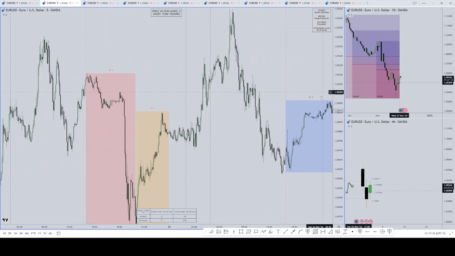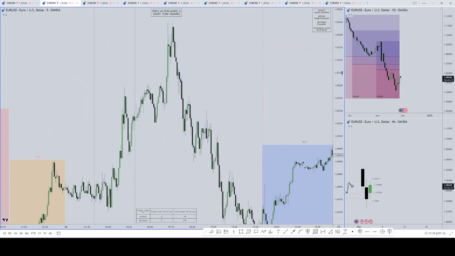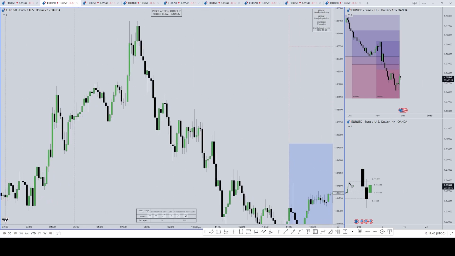I think I can, right? So right here, for example, we have a breaker block, right? Let's see, let's get the price node out. Let's say we want the institutional level, right? Where is it? 150. You see?